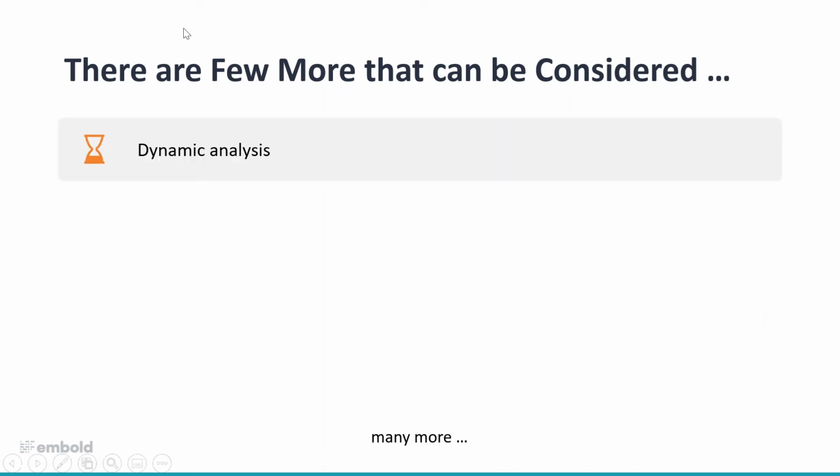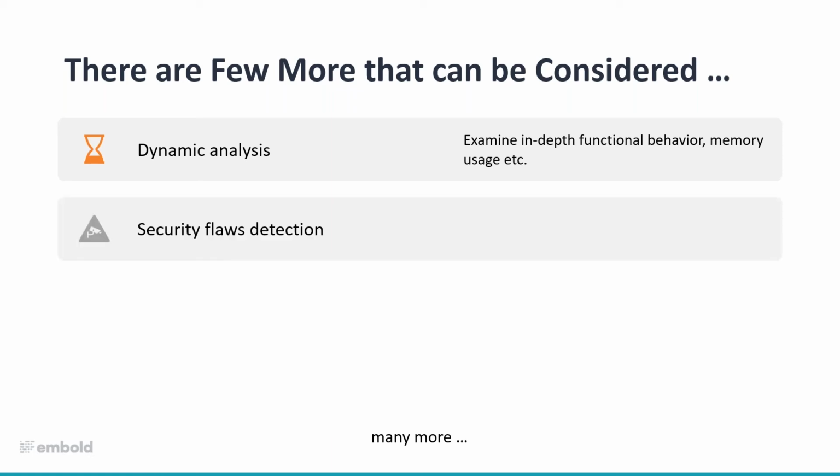Of course, there are a few more features that could be considered. For example, dynamic analysis, where we analyze in depth the behavior and the memory usage of the application. We can also have security flaw detection, trying to understand the context of the class and perhaps some misuse of the API.